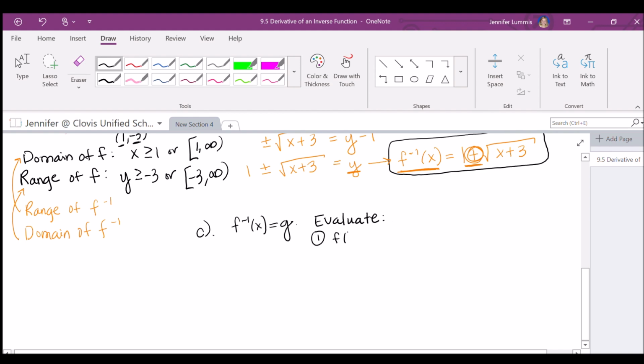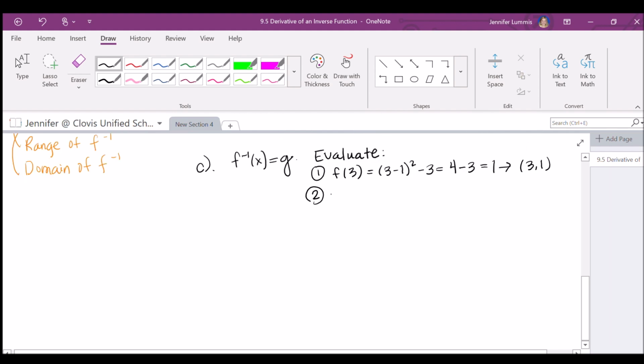f of 3. So let's plug 3 into function f. We get 3 minus 1 squared minus 3, which is 4 minus 3. So we get a value of 1. So this gives me a coordinate pair 3, 1. The second thing we want to evaluate is g of 1.